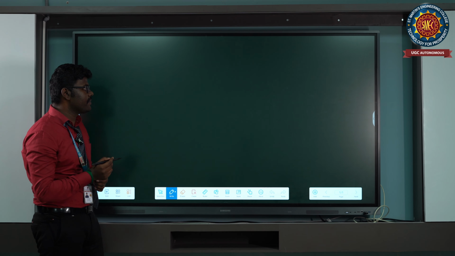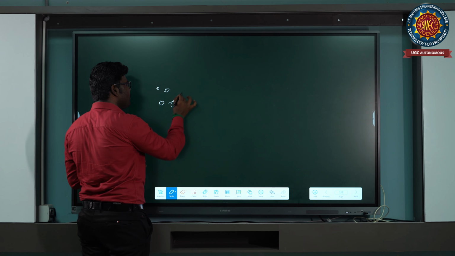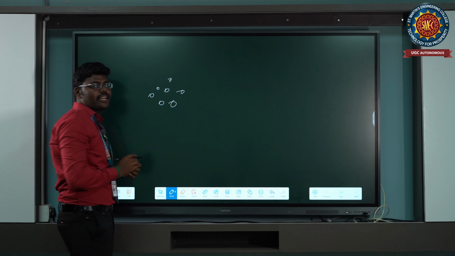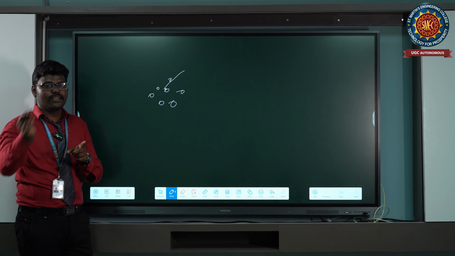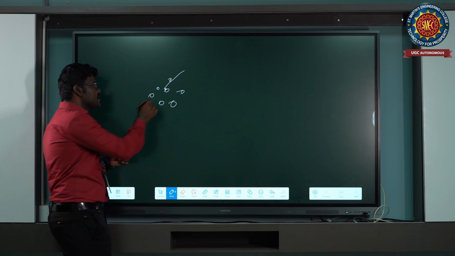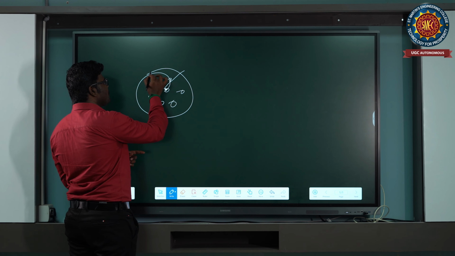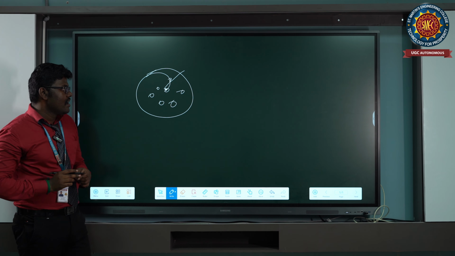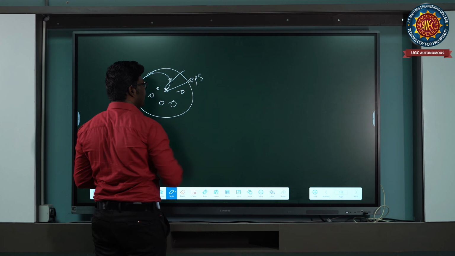Epsilon is nothing but the neighbors of data points. For example, these are the data points, right? Here we can choose one epsilon data point and make a radius of circle around it. Choose this epsilon data point and make one radius of circle, right? So this is the epsilon data point, right?